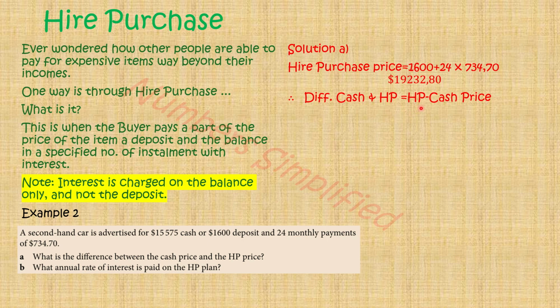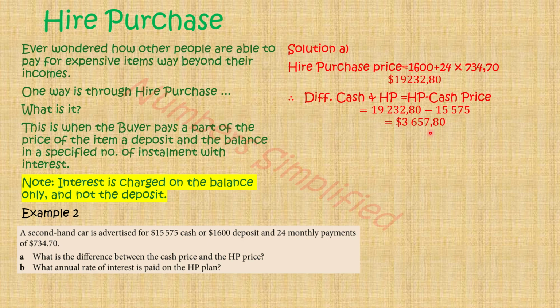Great then, so the difference between the cash payment and the hire purchase payment is going to be the hire purchase, because this one is always higher, it includes interest, less the cash price. Now we know the hire purchase was $19,232.80 minus the cash price of $15,575. Getting the answer there, we are going to get $3,657.80.